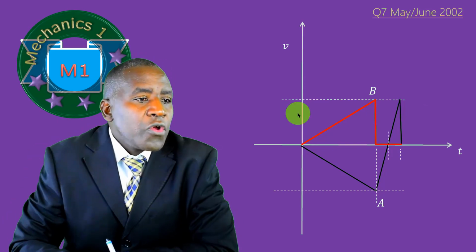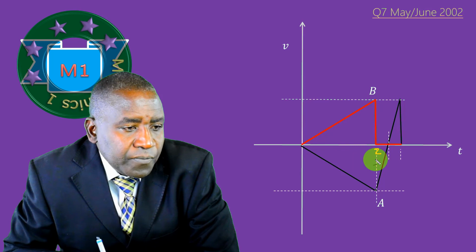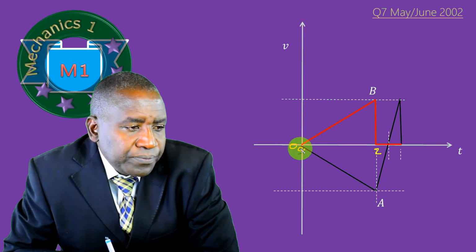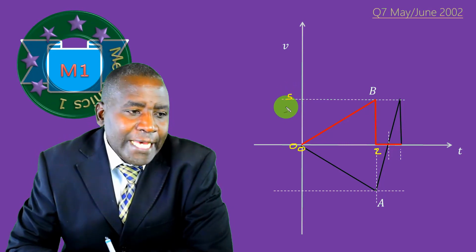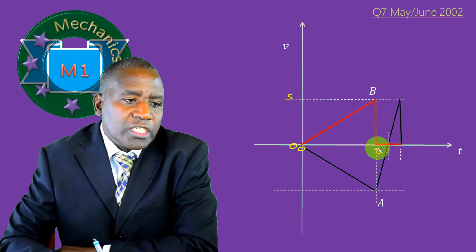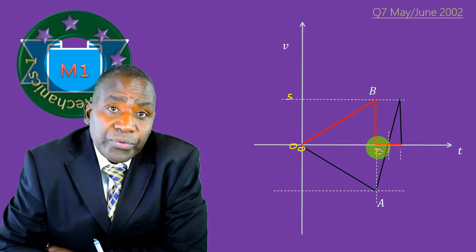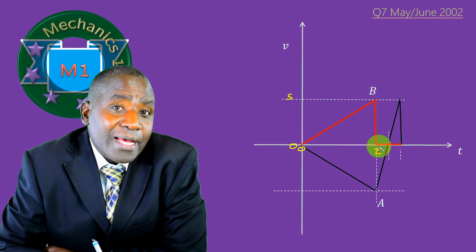Now, for the first 2 seconds, the velocity of B starts from 0 and rises to 5 meters per second. Then when it hits the ground, its velocity becomes 0 immediately and remains so while the other one is still moving.